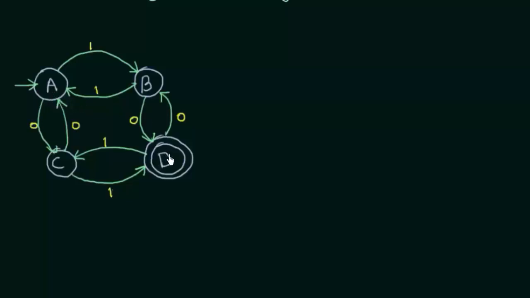And if you look at state D, there is something different. Every other state has one circle, but state D has two circles. It has a double circle around it. And what does that mean? Whenever you see a double circle, it means that it is the final state or the terminating state. So this state D, represented by two circles, is the final state of this DFA.